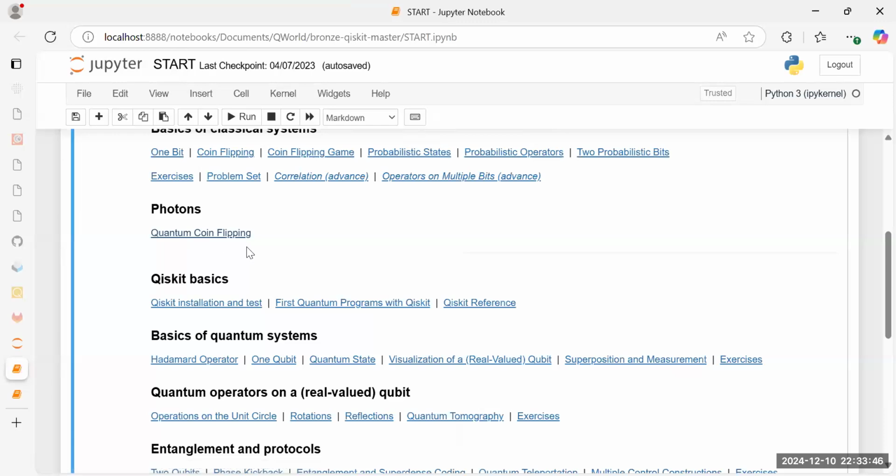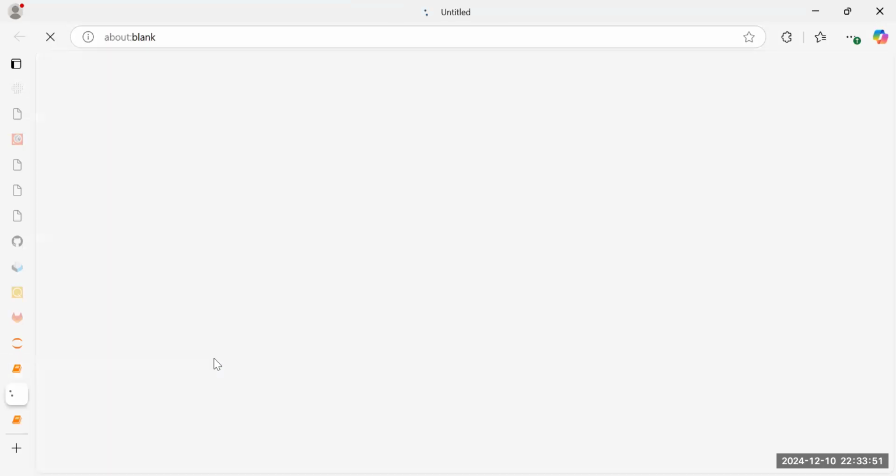Okay, so let's look at the Hadamard operator.